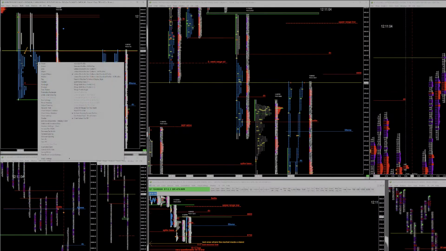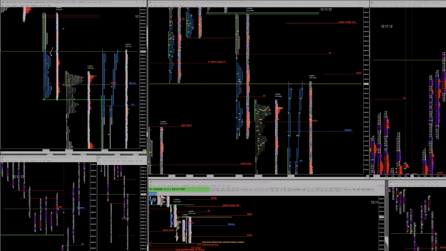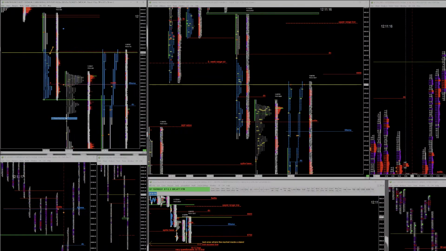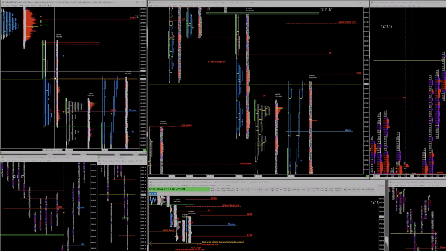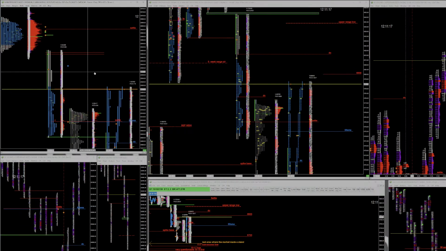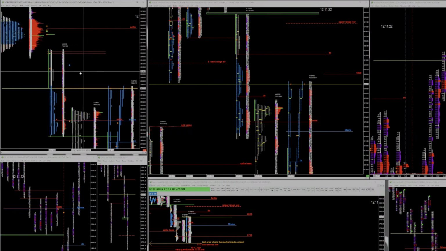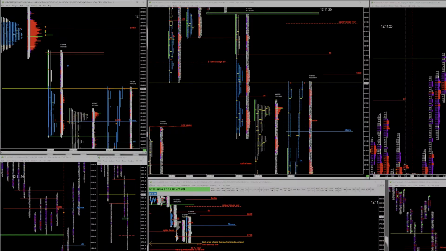NASDAQ has dealt with the shorts from this short inventory from this area. I think I can remove this. This market has a questionable high.